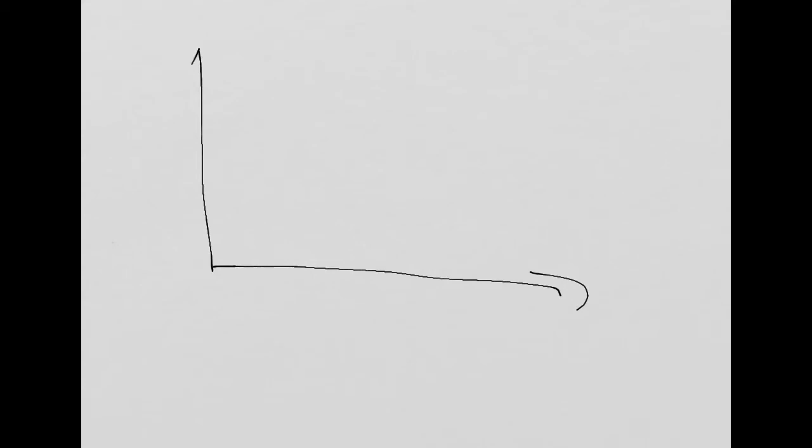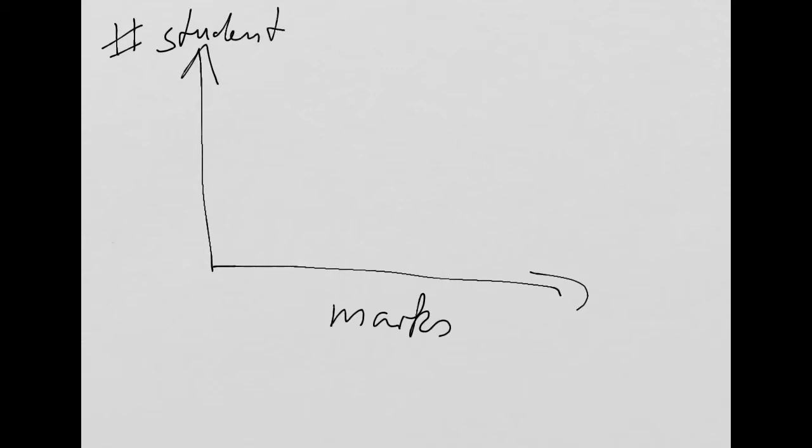So here are, for example, the marks, and here are the number of students. And if it is a test or an exam that requires maths, it usually shows something like that. This would be a monomodal function. It has one peak.